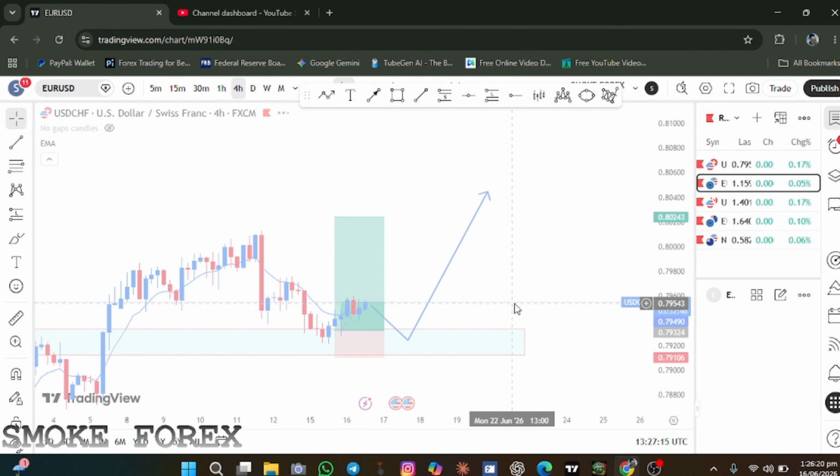So the next pair is Euro USD. Why is my network glitching? Euro USD. I think my network is currently glitching.